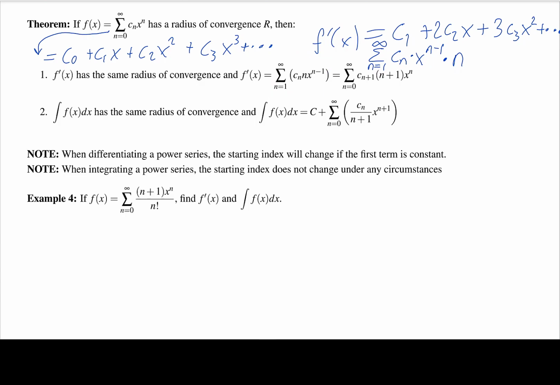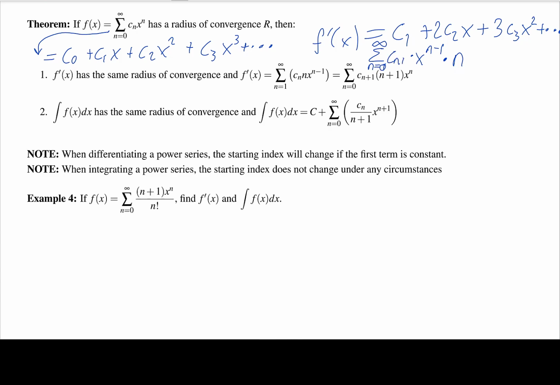Now, if I want to change this into a power series where we start at n equals 0, going from a sum of n equals 1 to n equals 0, then what we need to do is add 1 to all of our n's. So here I'm going to add 1 to this n, let's change this to a 0.